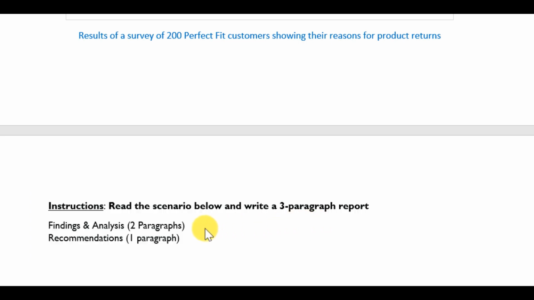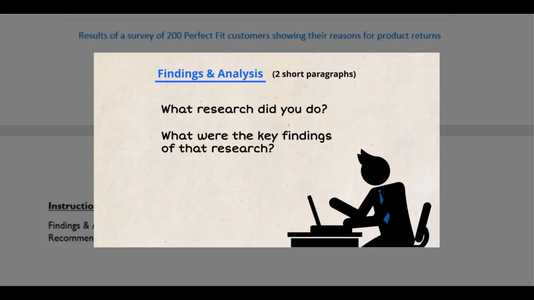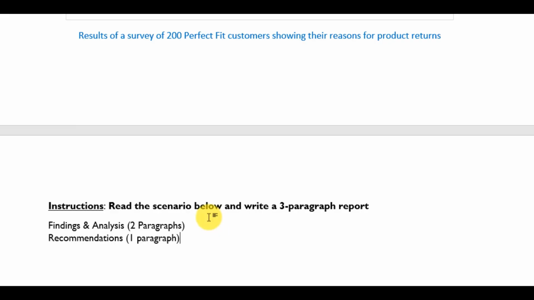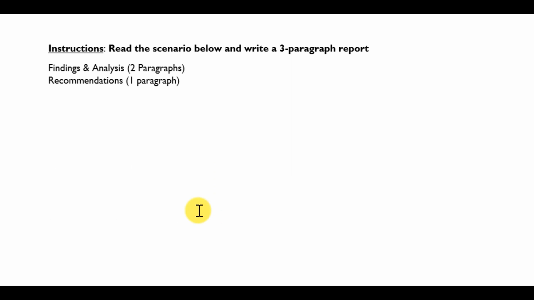For now, we're focusing on findings and analysis, 2 paragraphs. Remember the guiding questions. What research did you do? And what were the key findings of that research? We're going to use these guiding questions to help us structure our 2 paragraphs.